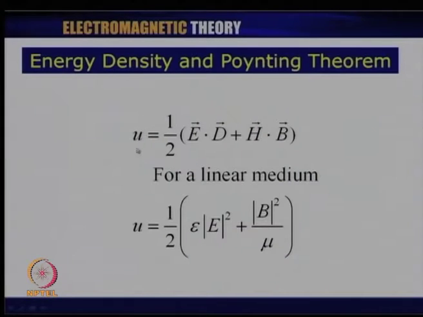There is one part which is the electric part and one part which is the magnetic part, and we had shown last time that the energy density U is given by half E dot D plus H dot B. Now, I will be confining myself to linear medium, so I will be using only E and B vectors. So the energy density expression becomes half of epsilon E square, because D is epsilon E, plus half of B square by mu.